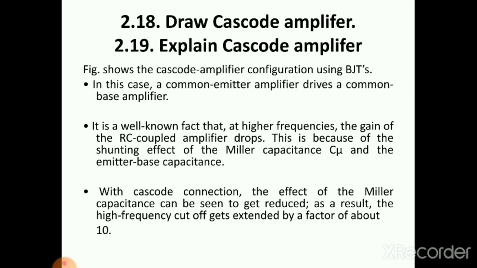Because of these capacitances, at higher frequencies the gain will decrease. With the cascode connection the effect of the Miller capacitance is reduced. As a result, the high frequency cutoff gets extended by a factor of about 10.